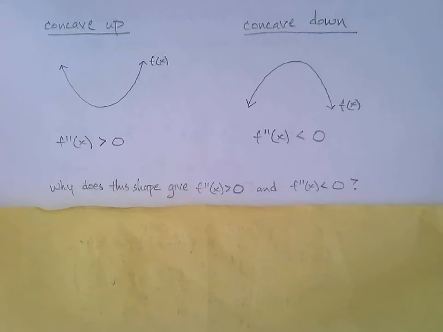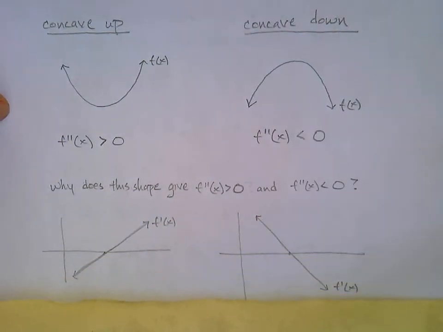So the question I've got there, why does this shape give either f double prime x greater than 0 and f double prime x less than 0 for their respective concave up, concave down shapes? So here's my explanation.